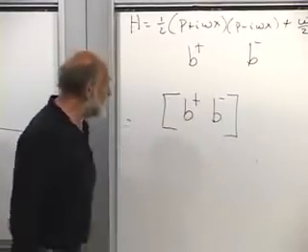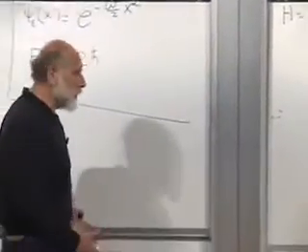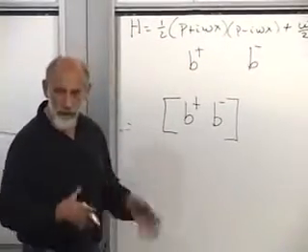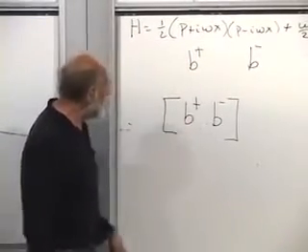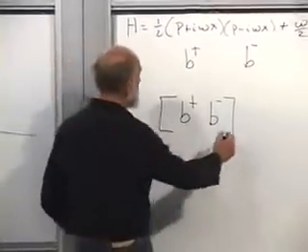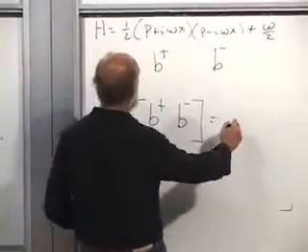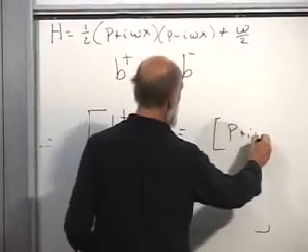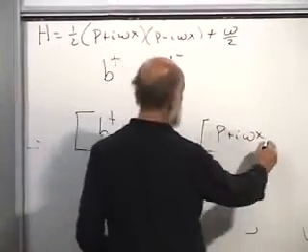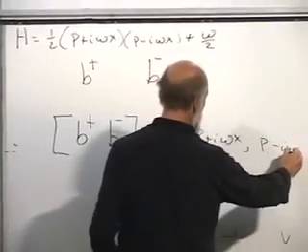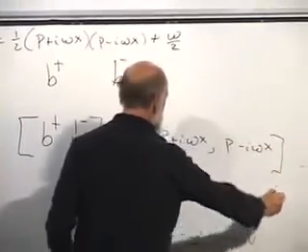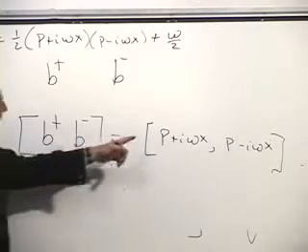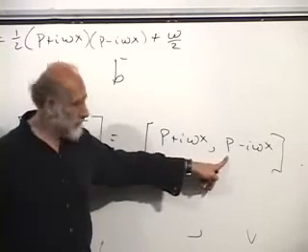But nevertheless, we're going to do some algebra with them. It will be useful to know what the commutator is when we start multiplying them in various ways. Okay, so what is this? This is a commutator of p plus i omega x with p minus i omega x. We start working out the commutator. The commutator of p with p is 0.